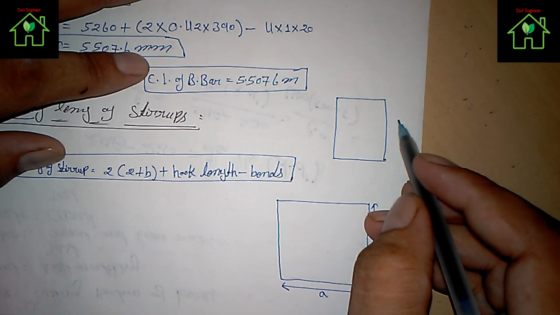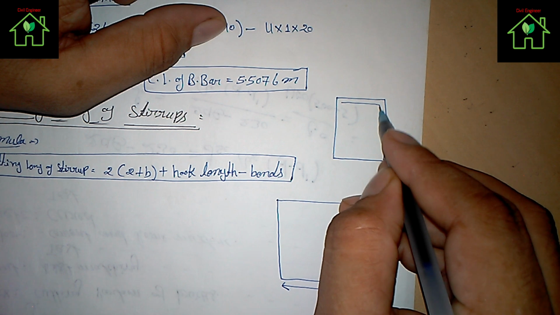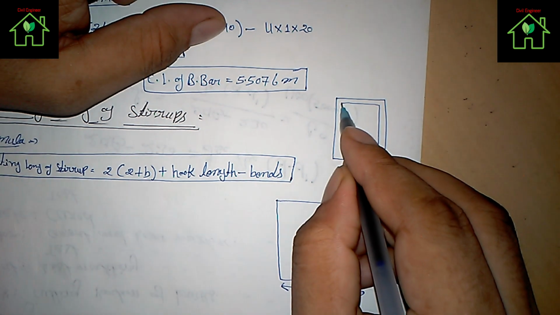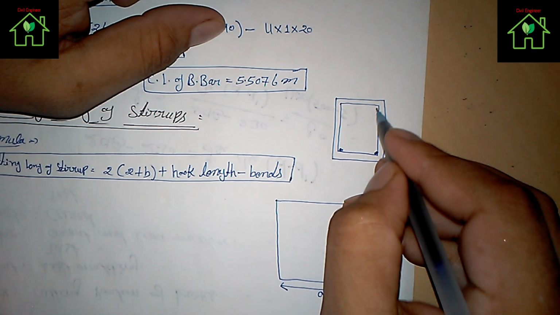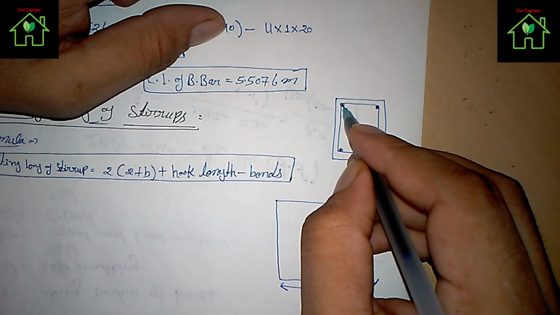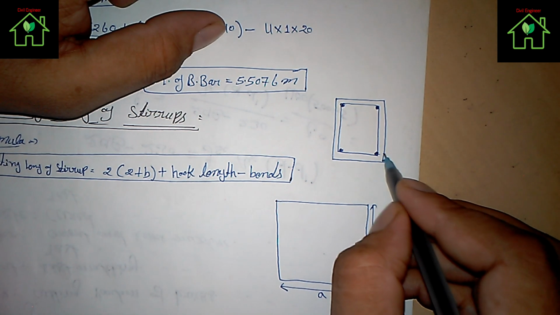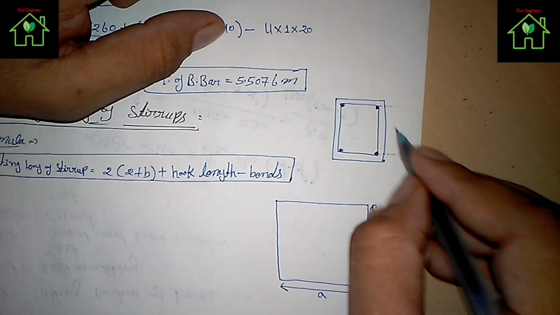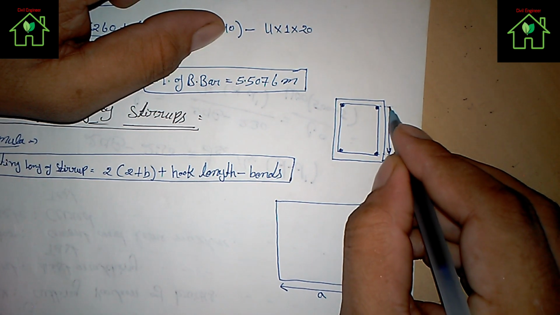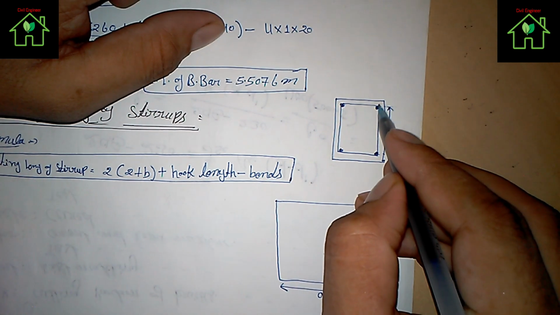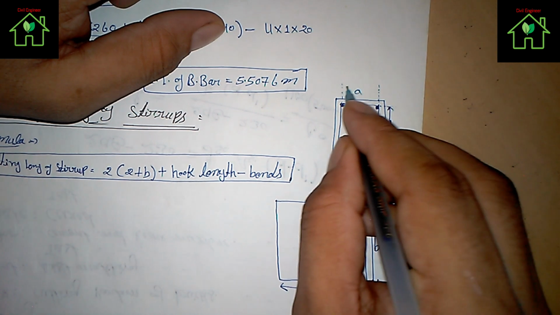If we have a beam of this shape and we have stirrup required in this shape, these are the bars. b is this value. a is this value.